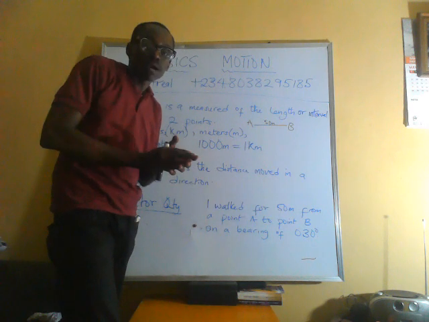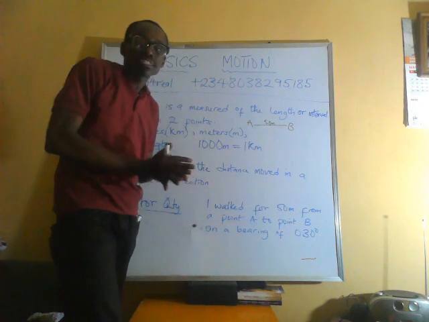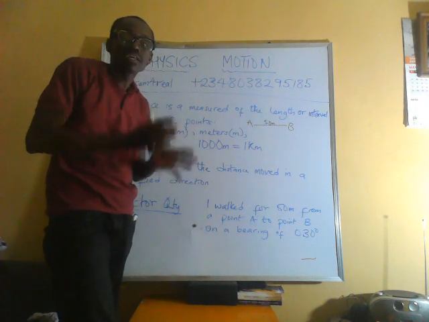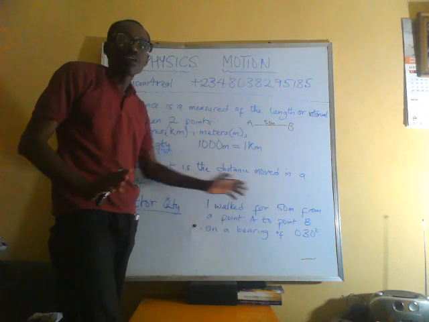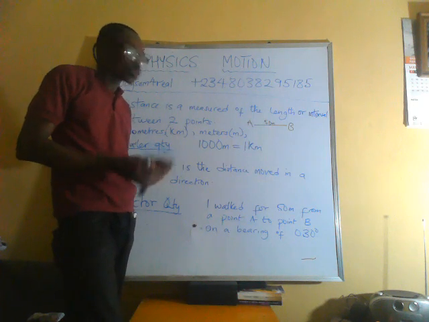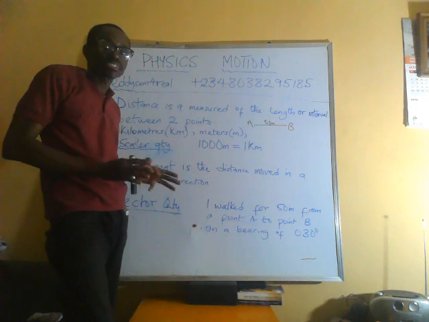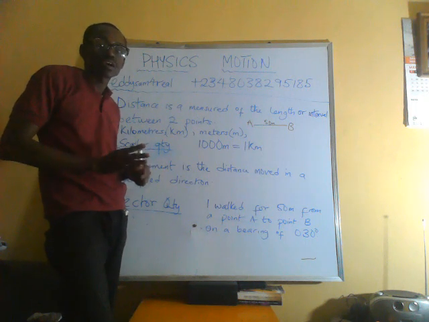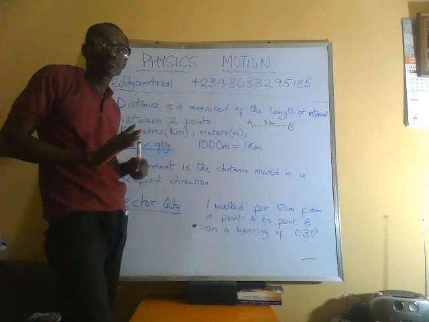Now combining the distance with the direction, this is no longer distance anymore. This is describing displacement. Displacement is the distance in a specified direction, in a stated direction.